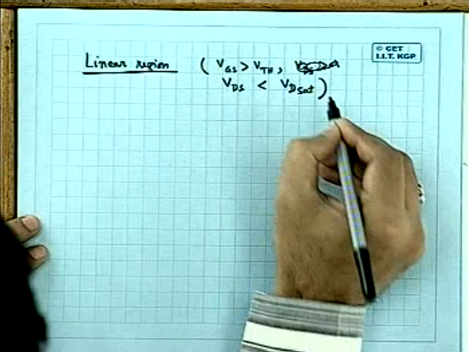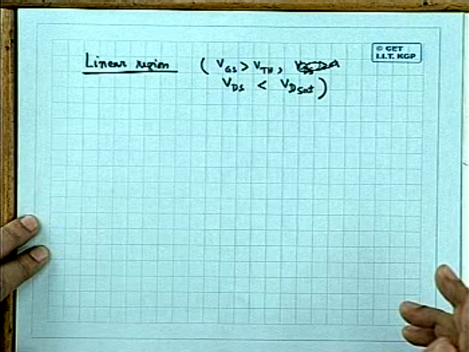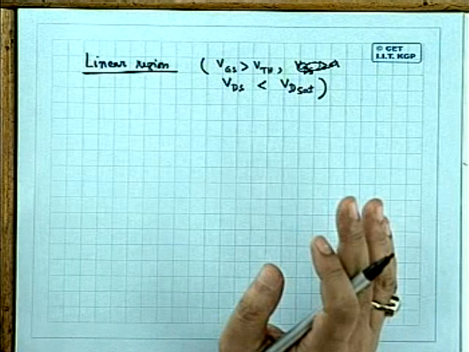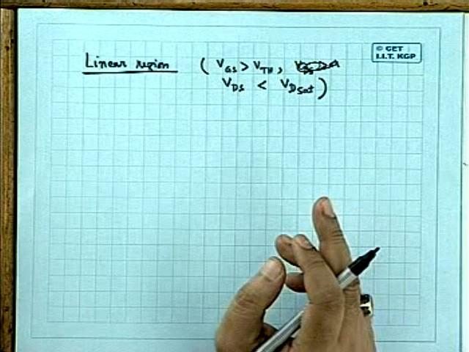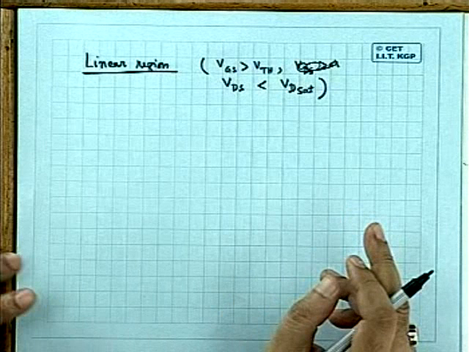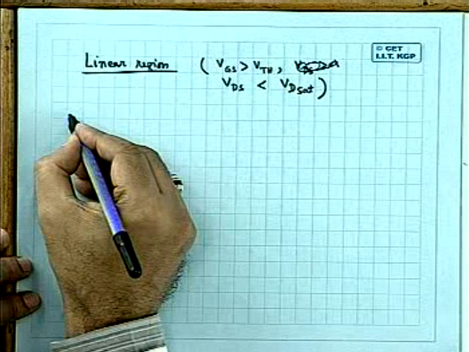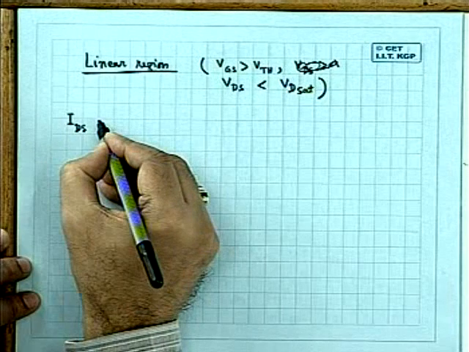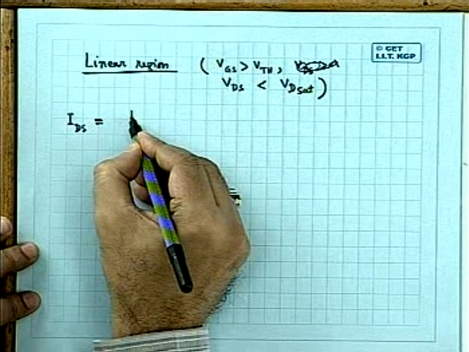VDSAT has to be obtained by solving that equation. So I am not giving you a simple formula for VDSAT, but VDSAT has to be obtained by solving that equation. In that case, IDS in the language of SPICE is written like this, KP.